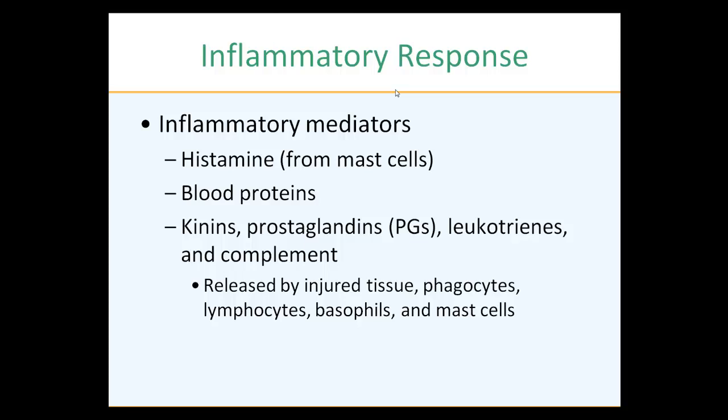We have blood proteins that are coming now because the capillaries opened up. We have the kinins, and the kinins will be activated to become bradykinin. We have the prostaglandins that are synthesized by an enzyme called cyclooxygenase, and we have other proteins. All of them are part of what we call inflammatory response.